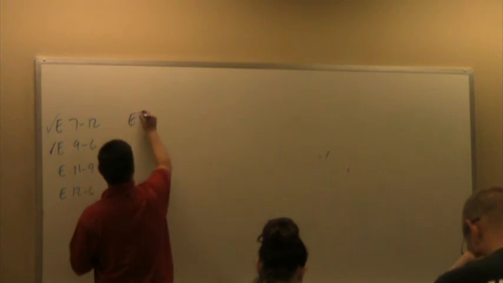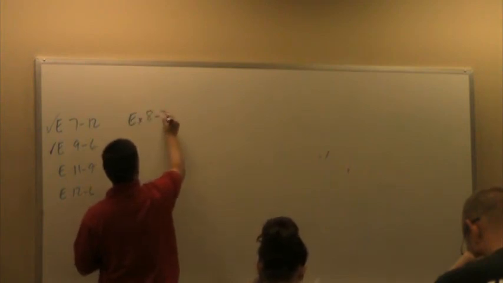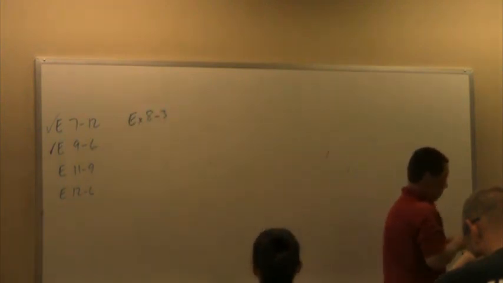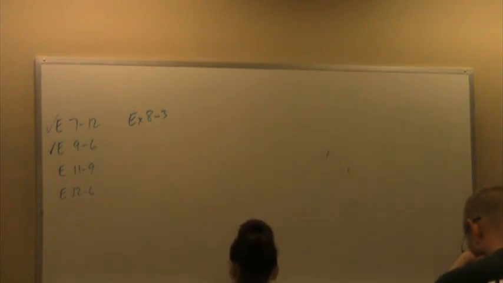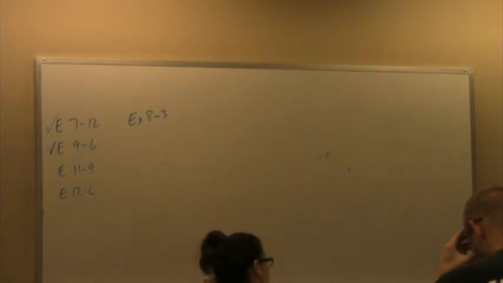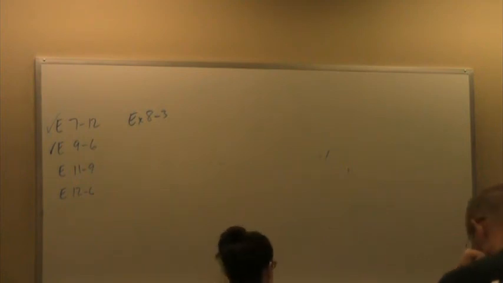So again, this is EX 8-3. What we have to do here is the direct write-off method we did before in chapter 8.